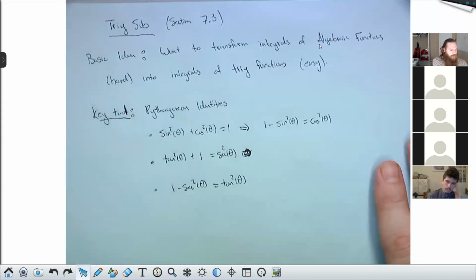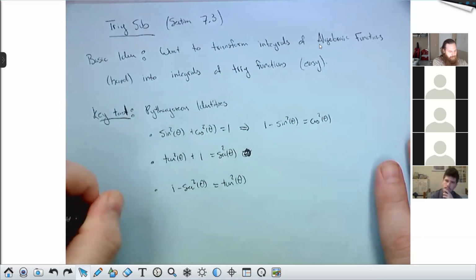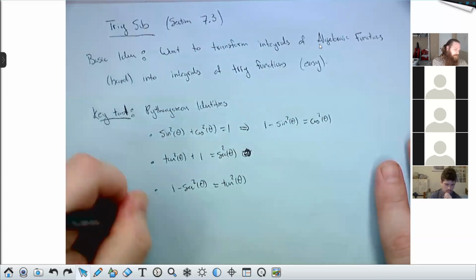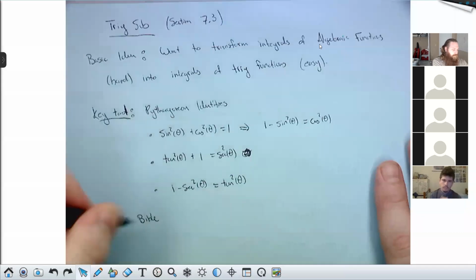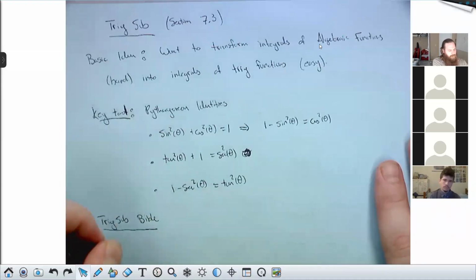So I gave you that little Trig Sub table, right? Or the Trig Sub Bible. This tells you everything you need to know about Trig Sub.